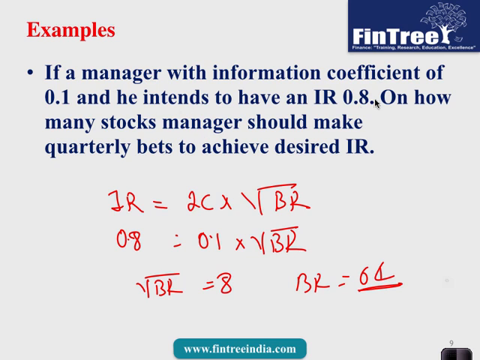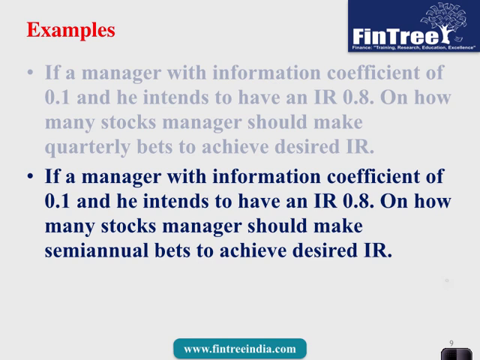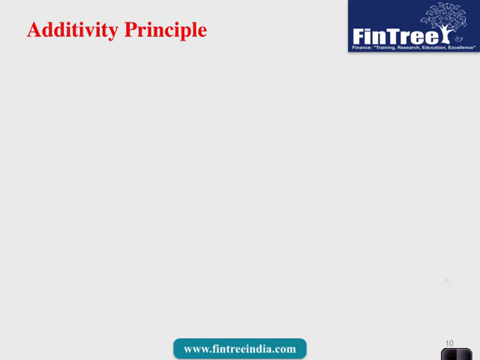And since we are making the bets quarterly, are we? Therefore, the number of stocks that we want is 16. 32. In this case, we will simply say 64 divided by 2, 32 stocks. Are we fine? Okay.